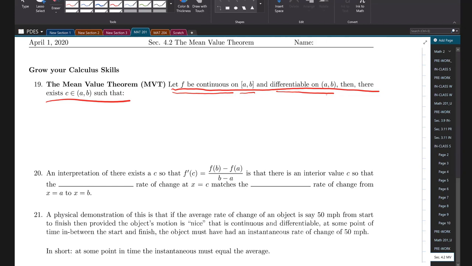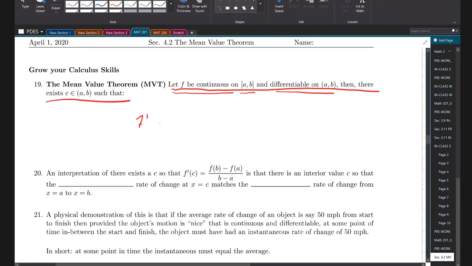Then there exists a C value. So this is what we call an existence theorem. It guarantees that a C value exists on the interior of this domain so that f prime of C equals f of B minus f of A all over B minus A.